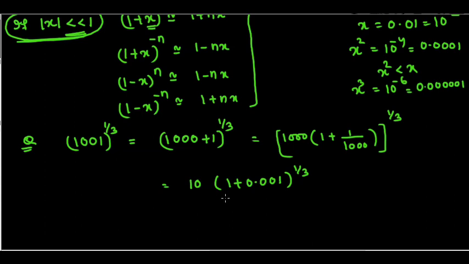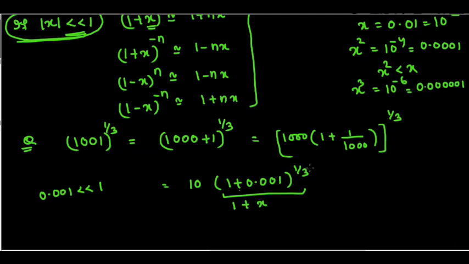Now just look at this term. We have 1, then plus this term 0.001, and we know that 0.001 is very small as compared to 1. So this 0.001 is your x, and the magnitude of x is much smaller than 1.